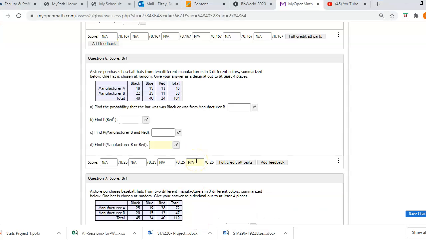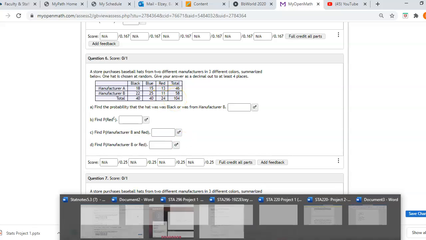Alright, and let's go back. And then let's see, find the probability of manufacturer B and red. Okay, so this means they're occurring at the same time, manufacturer B and red. So if we look at where the entire row for manufacturer B and the entire column for red come together at 11. So we have 11 hats out of 104.